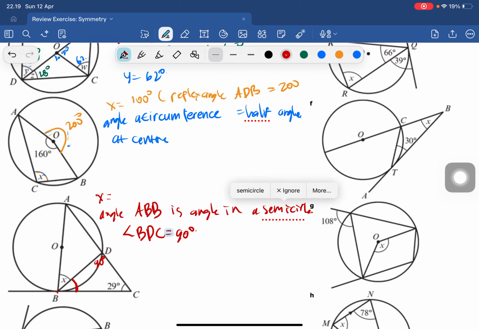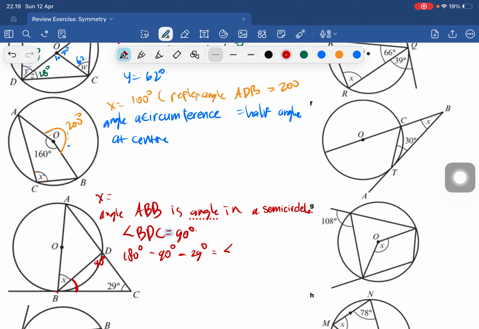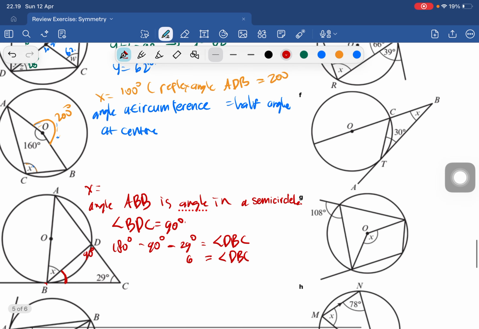So in the triangle, we got 180 degree minus by 90 degree and minus by 29 degree. So angle DBC, okay, we got 180, we minus by 90 and minus by 29, so it's gonna be 61 degree.